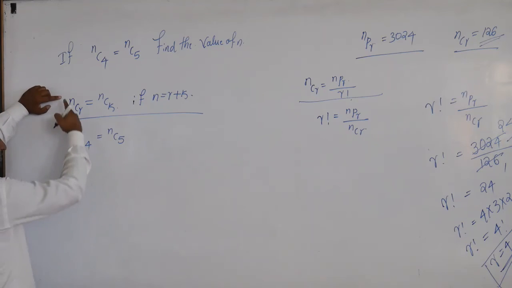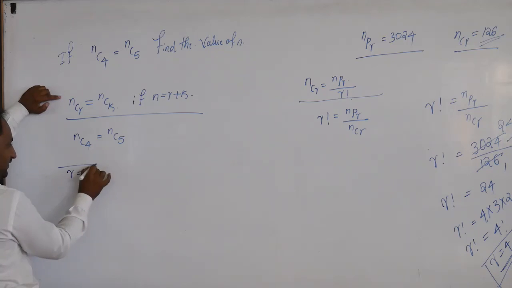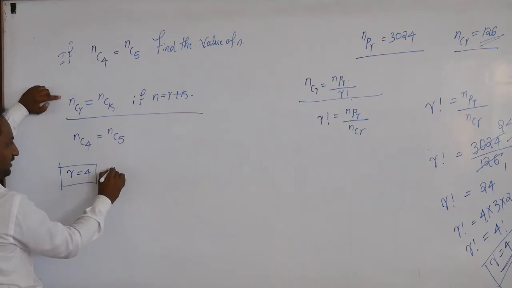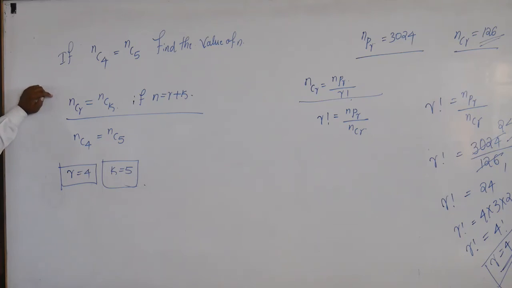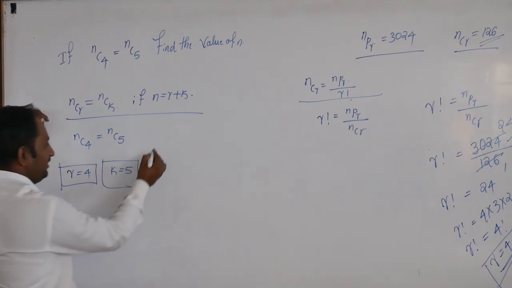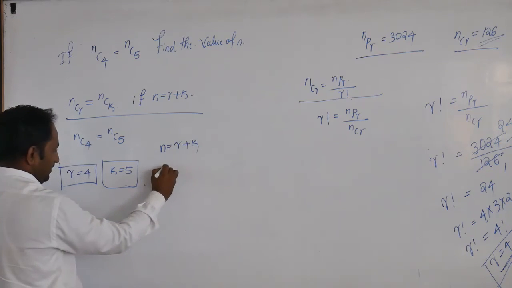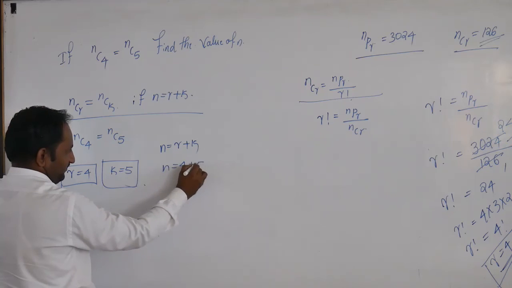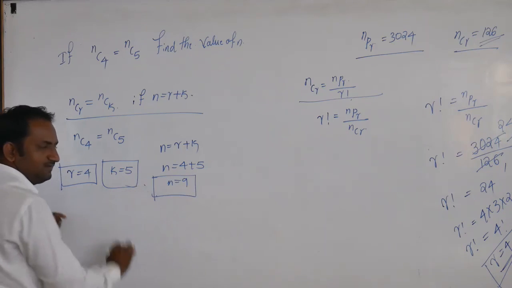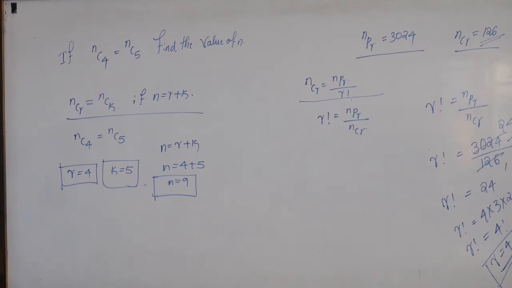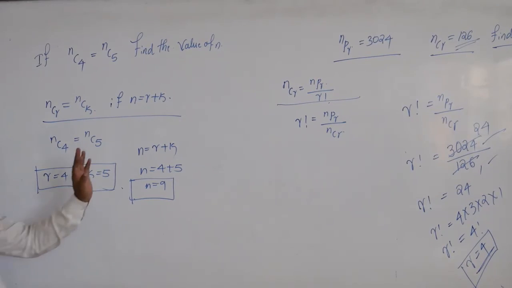Comparing with nCr, in place of r, 4 is given, and in place of k, 5 is given. Then find the value of n. Automatically n is equal to r plus k, so n is equal to 4 plus 5. Our n value is 9. 9 is our answer.